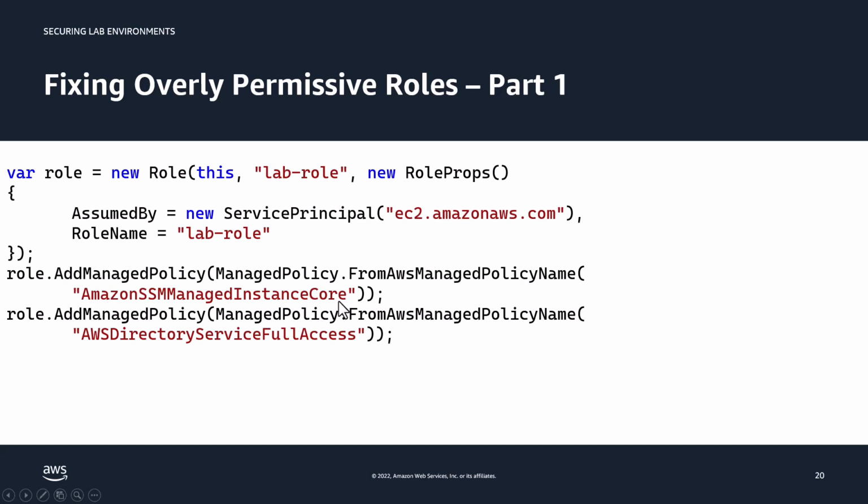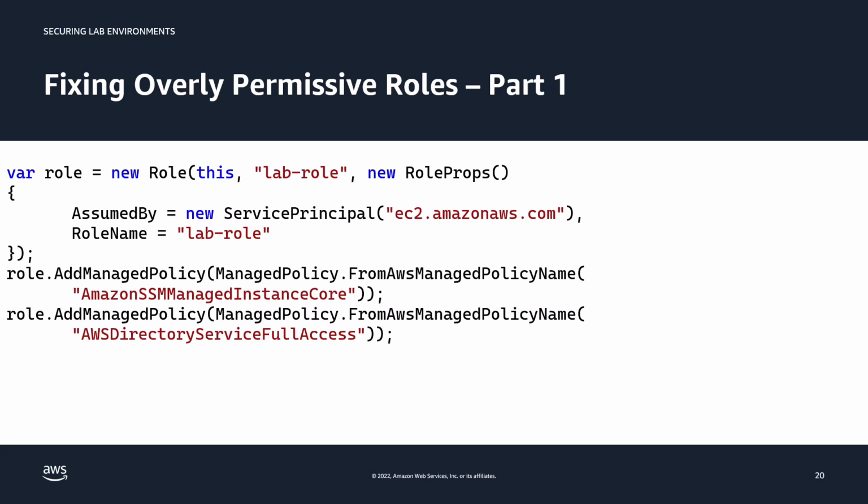This will allow us to manage the instance and give us some functionality that we're going to see later. And we're giving it the ability to access directory services so that this machine can, in fact, join itself to the domain through the automation document that we created earlier.